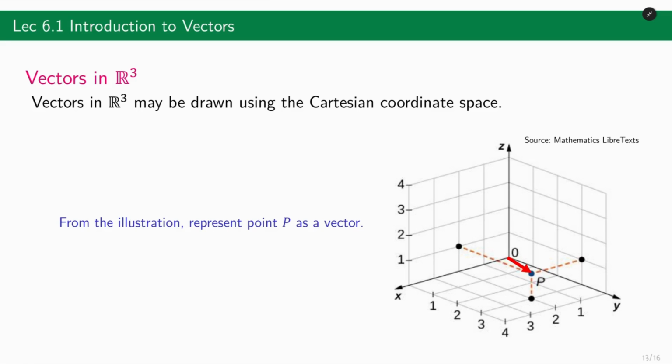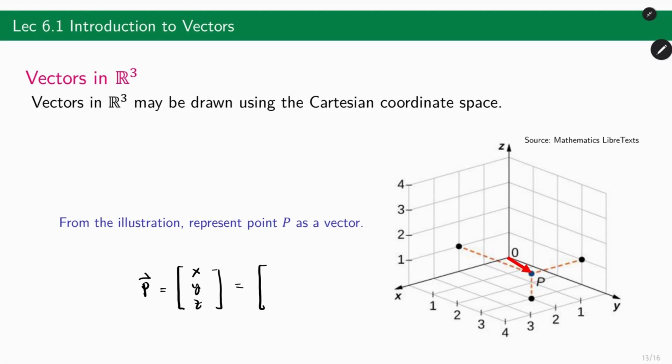Now let's have the vectors in R3. Vectors in R3 may be drawn using the Cartesian coordinate space. From the illustration, represent point P as a vector. This one is three-dimensional, okay? Your imagination must be working here. Vector P, let us write the components of vector P. x, y, z. Let us write the coordinates of the point.